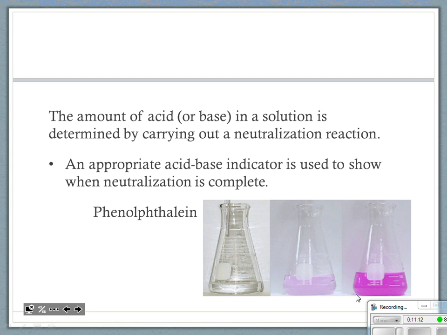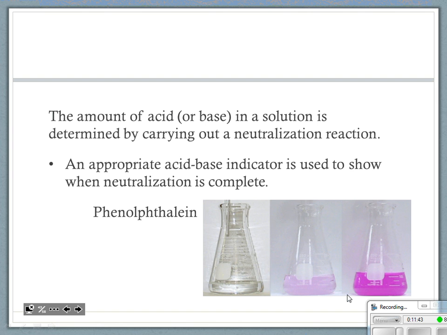Okay? When phenolphthalein is pink, and even this one, see how that's a lighter pinkish color on the middle one? Okay? That is probably what we'll see here, probably called somewhere near the end point, meaning that's neutralized. So, if phenolphthalein is pink, okay, the pH is 7 or above.